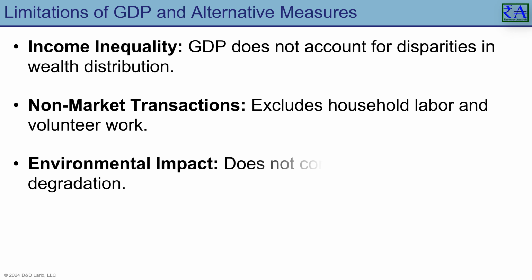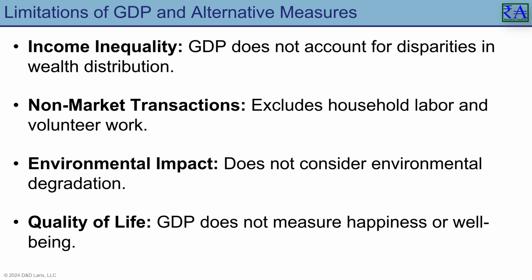Furthermore, GDP does not consider environmental degradation, which can result from economic activities. Lastly, GDP does not measure the quality of life or happiness of a population, which are essential components of true economic prosperity. This concludes our discussions of GDP in section 4.1. As we move forward, remember the importance of using complementary indicators to gain a more holistic understanding of economic well-being.